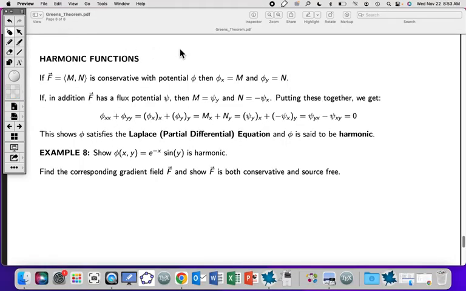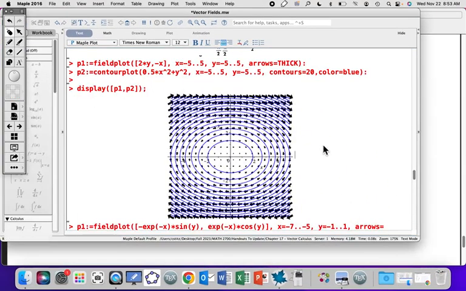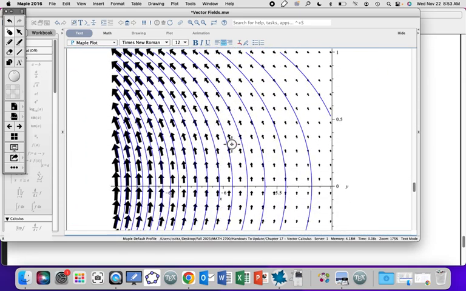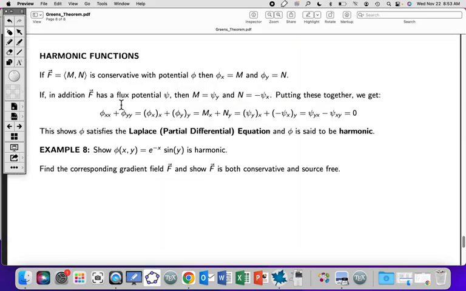And you can kind of see that here. So here's the field that we were looking at. It's a rotation field. And I've graphed here the level curves of psi. And so the level curves of psi follow the field. So that's why they're called the streamlines or the stream function, or lines of force. You might see them called that way.